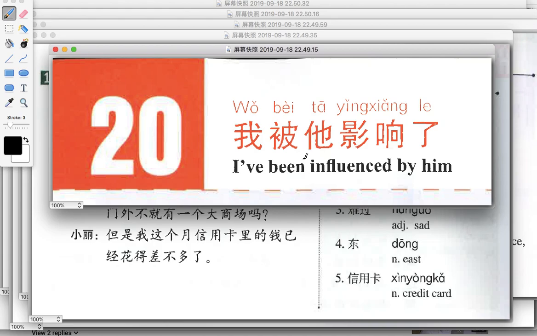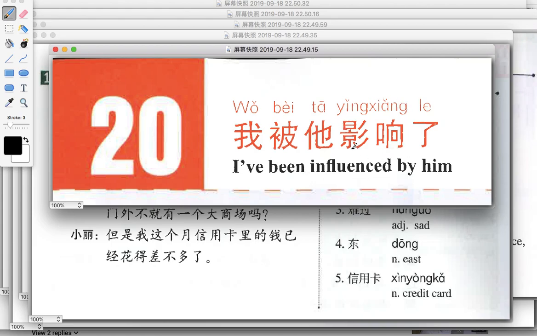And when you see 被 before an action, usually that means the passive voice. Like I was eaten by a tiger. He was beaten by the teacher. And I have been influenced by him.